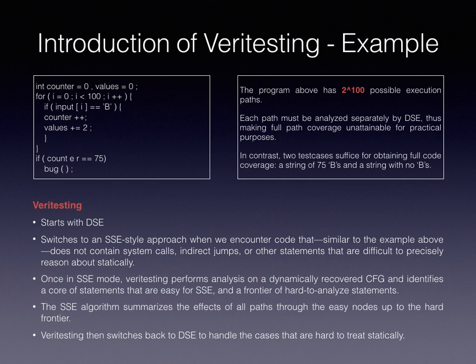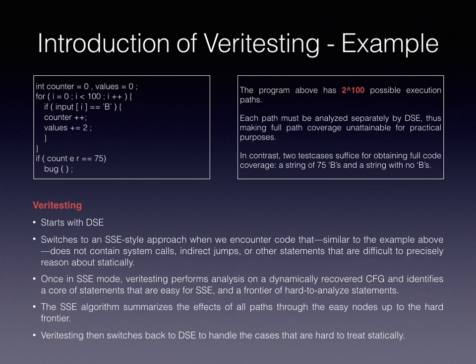Veritesting contains several steps. Firstly, it starts with DSE, and then it switches to an SSE style approach when we encounter code that is similar to the example above. It doesn't contain system calls, indirect jumps, or other statements that are difficult to precisely reason about statically.